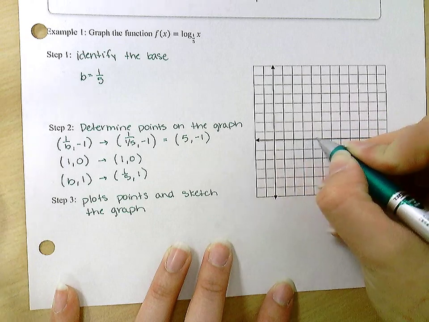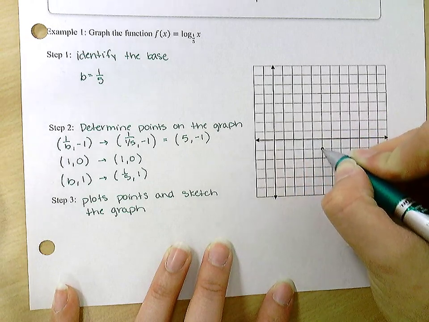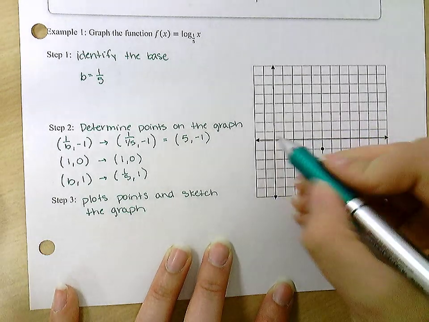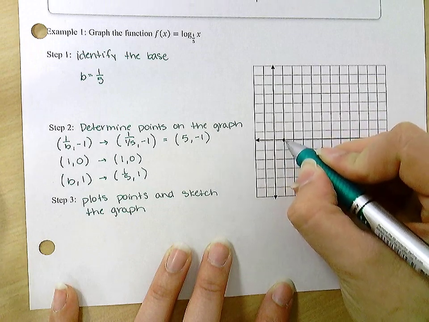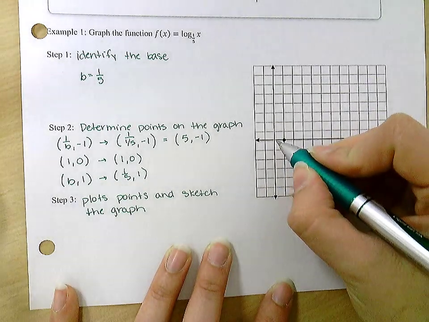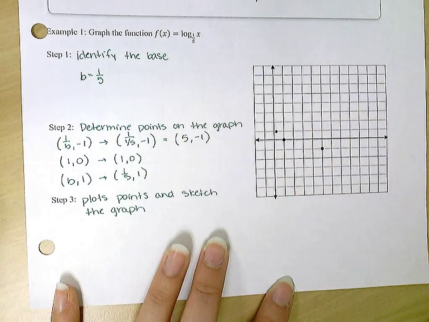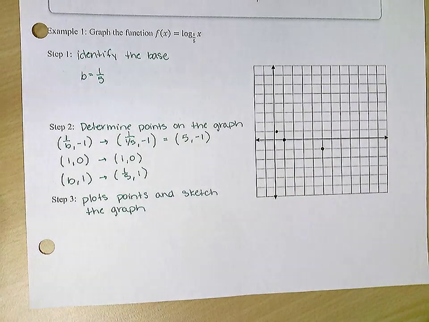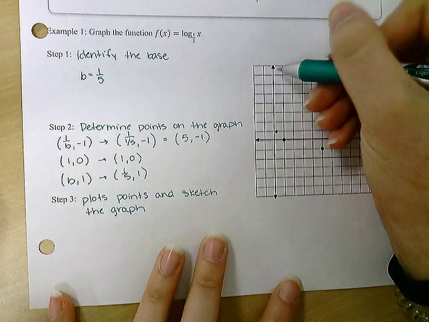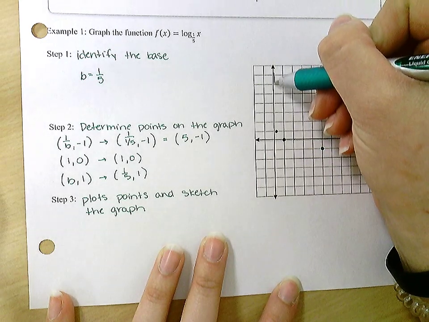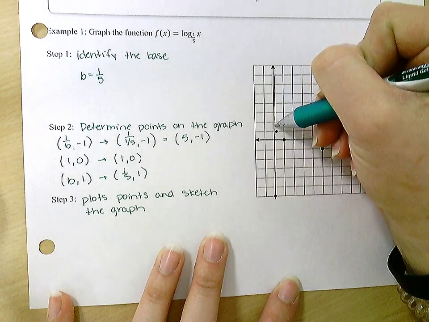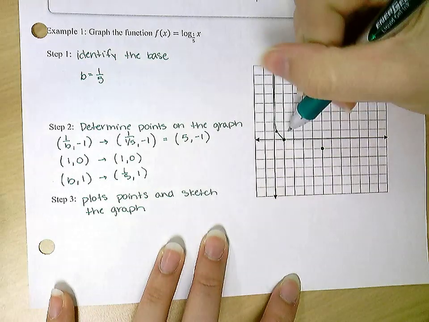So I have one at 5, negative 1. I have a point at 1, 0, and a point at 1/5, 1. And you still have this vertical asymptote along the y-axis, so you don't want to cross that y-axis. You want to get close to it, but not cross it, just like when we had exponentials and the x-axis.